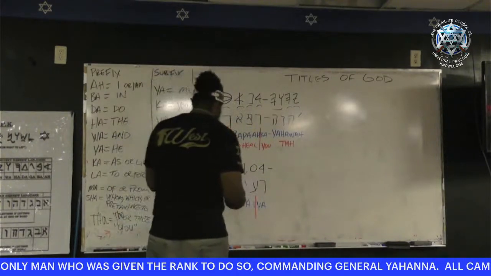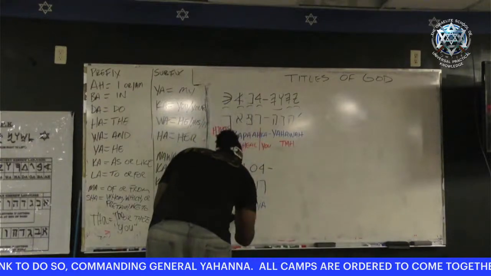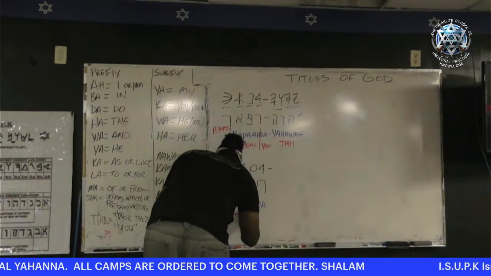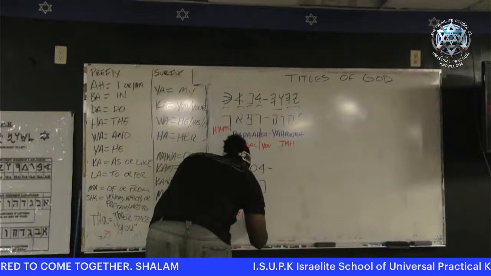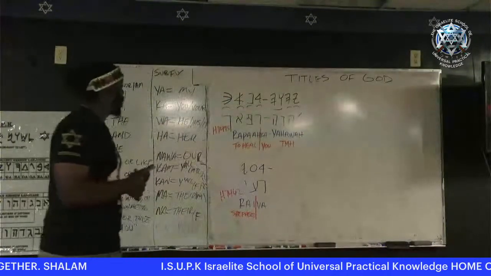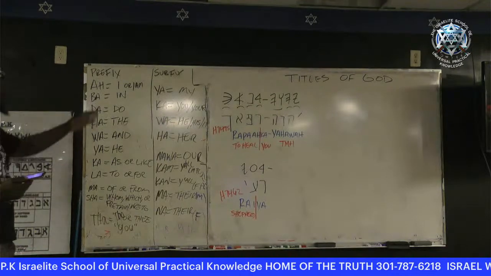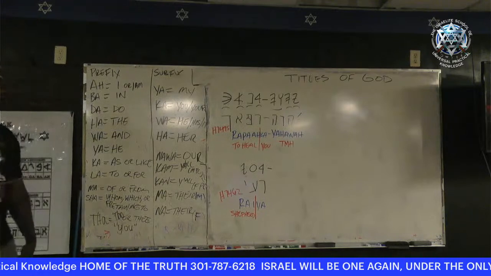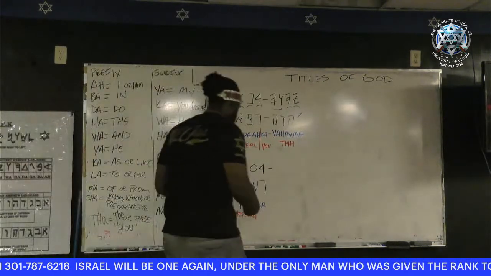Which literally means to tend or to shepherd. And we have a suffix, which is Yah, under our cheat sheet of suffixes. What does Yah mean? My, sir. Means my.